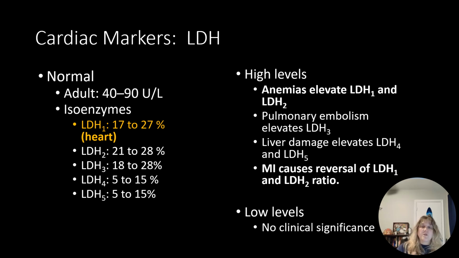Pulmonary embolisms will elevate LDH3. Liver damage will go to LDH4 and 5. And then an MI causes reversal of LDH1 and LDH2 ratios. So that's where it shifts.